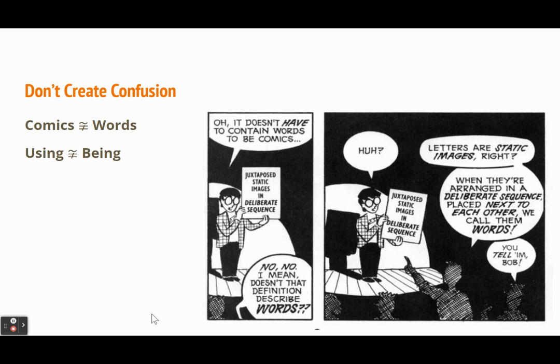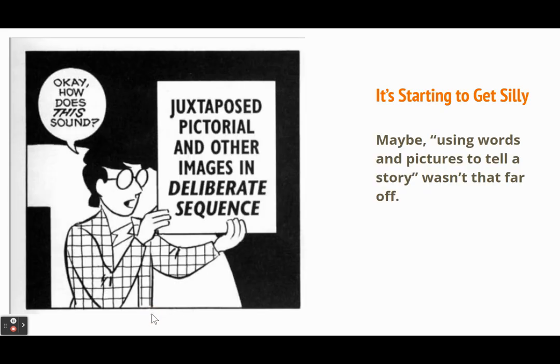So McCloud keeps going. McCloud keeps developing this definition, and it gets a little bit silly. Juxtapose pictorial and other images in deliberate sequence. I left out some of McCloud's discussion of whether sculpture placed in a sculpture garden could count as a comic or art or sequential art.